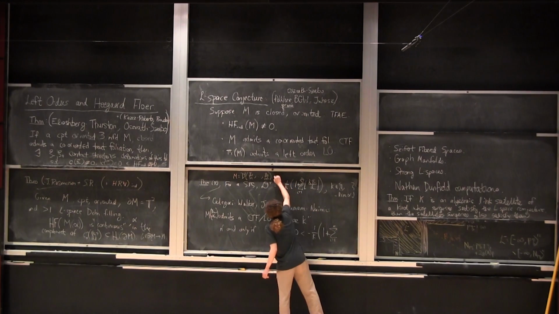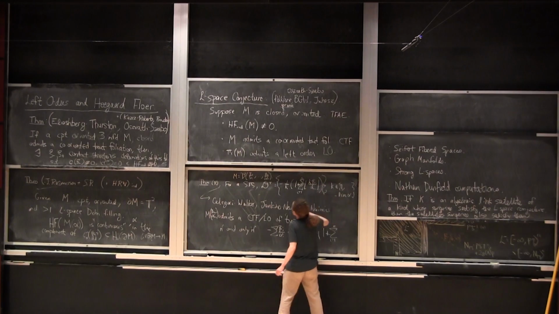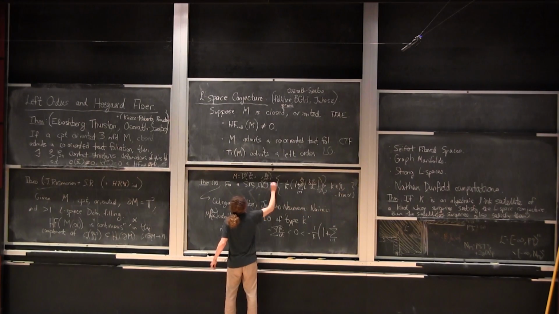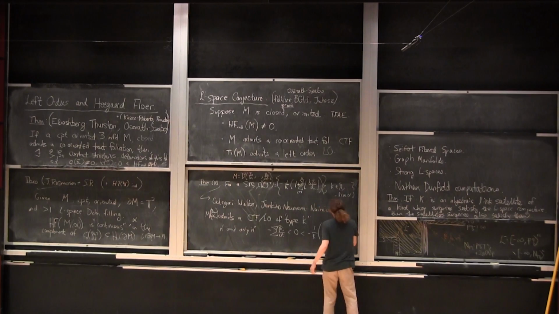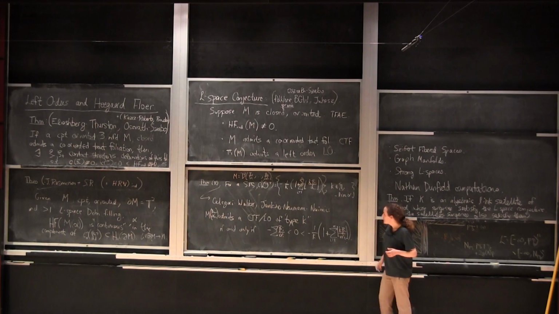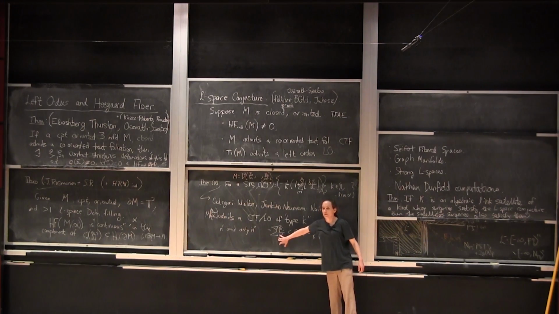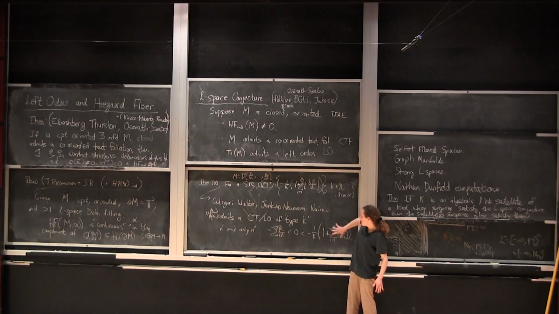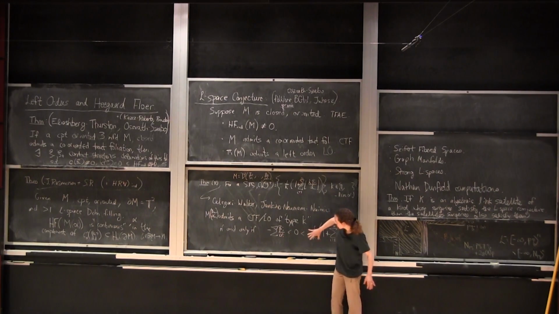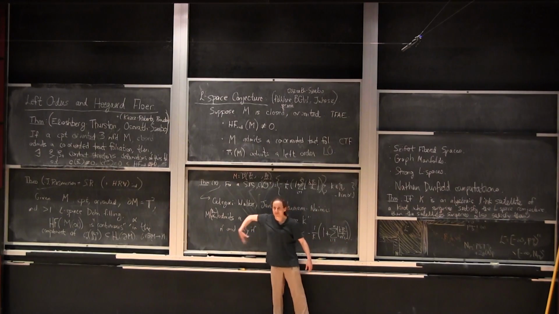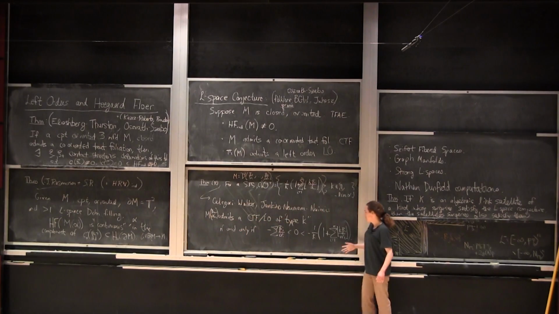So this is a set here, and this is the rational longitude of my manifold. Technically, it's true if this is true, or if you reverse the orientation and then you have a similar inequality.